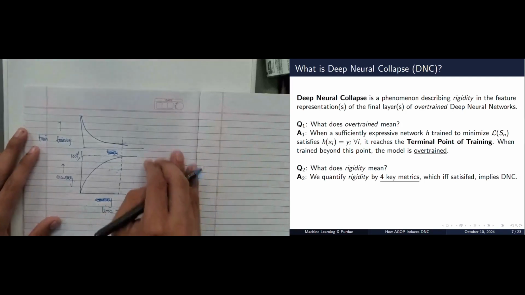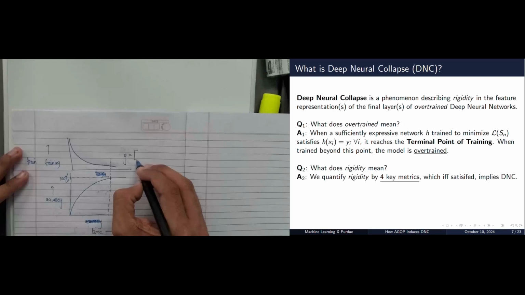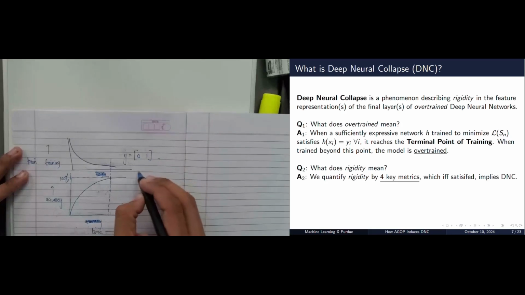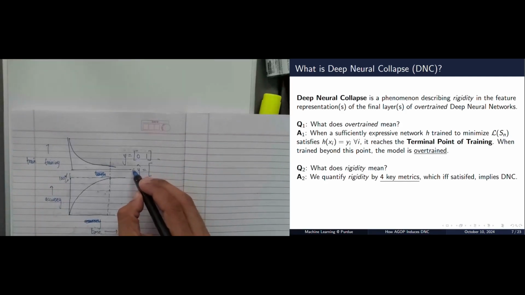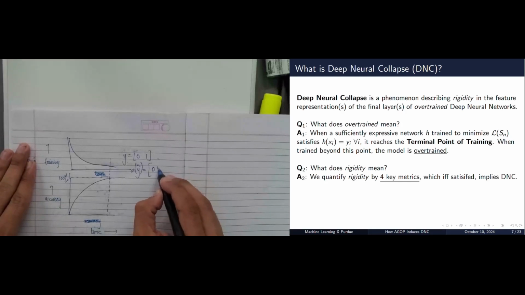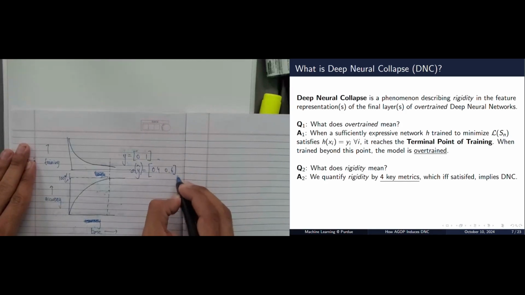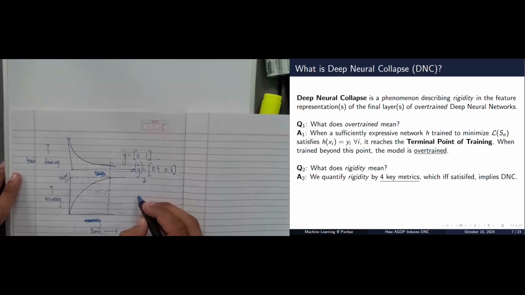So as an example, we can have the target class be 0 and 1, and let's say the softmax activated logits be 0.4 and 0.6, right? Now if I were to extract the actual prediction, the argmax of this, it will tell me that the predicted class is class 1.